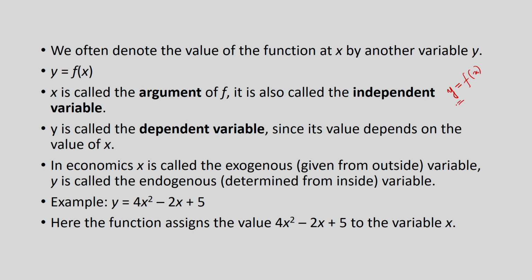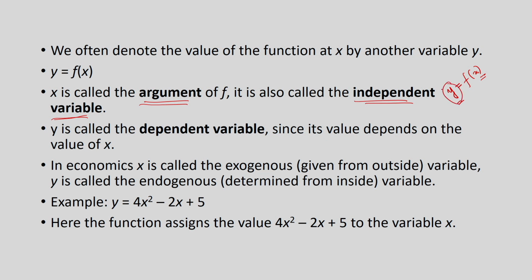x is called the argument of f. It is also called the independent variable. I have already used this phrase, independent variable. The thing that is moving freely, x is moving freely, obviously it has to be within the domain, but it has some mobility within the domain, it can take different values within the domain.